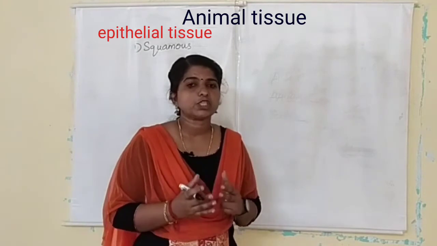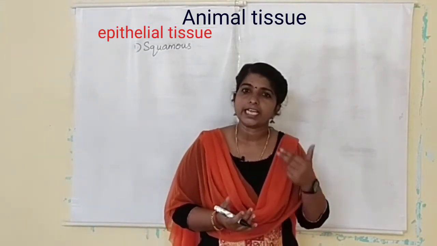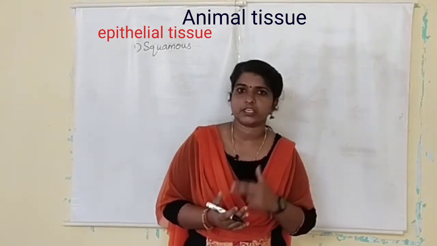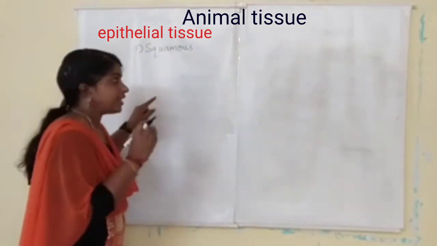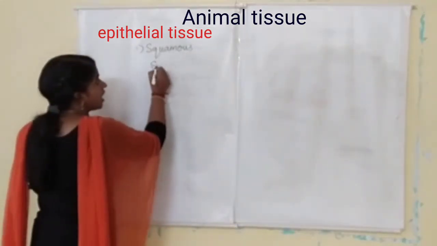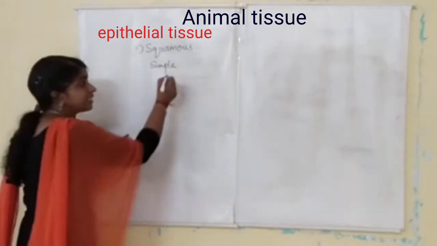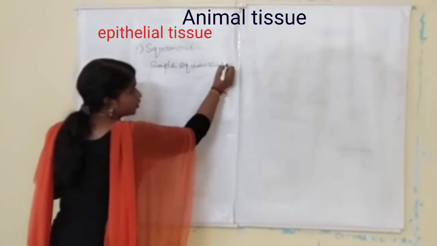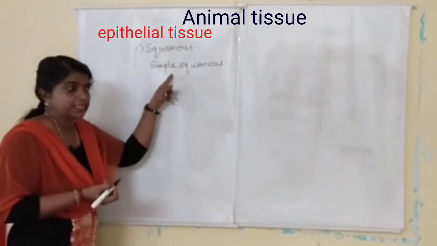You can see this squamous epithelium in the lining of mouth, esophagus, lung alveoli, blood vessels, etc. Here the cells are very thin and flat. It is very thin, so it is known as the simple squamous epithelium. It is simple squamous because only one layer you can see. That helps in the transportation of materials.